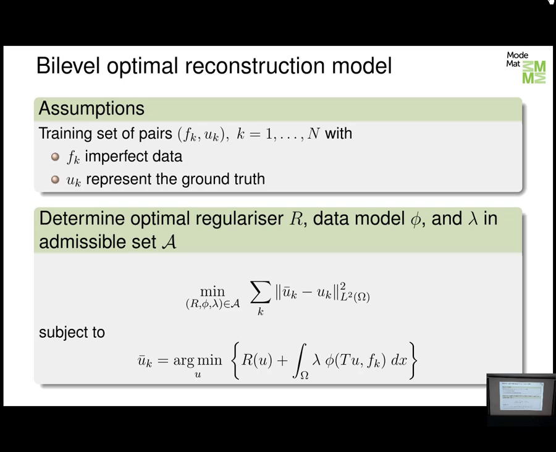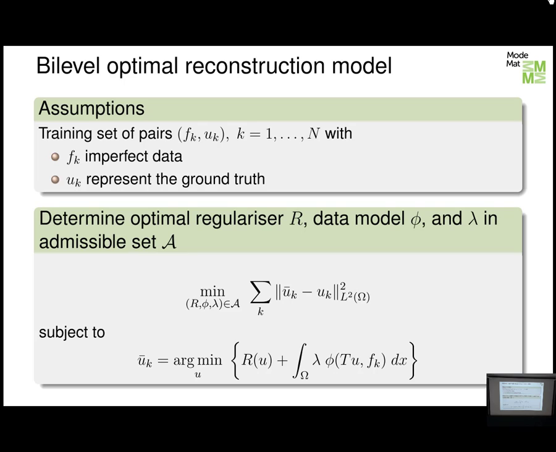And in that case, what you can do is learn from that ground truth image, which is this high definition imaging. And you can also use the imperfect data, which is the noisy data, to obtain some sort of clue about the optimal parameters you have in mind. So what you do typically in this setting is you consider the minimization with respect to the whole parameters that you are using in your denoising model and try to get as close as possible to the ground truth image which is given here.